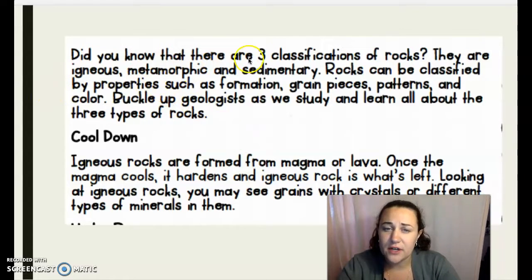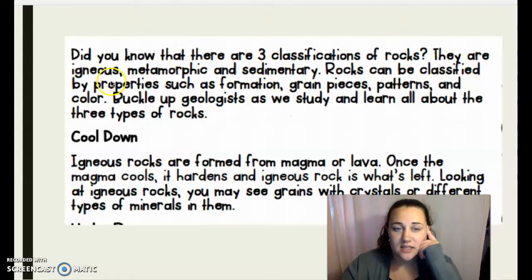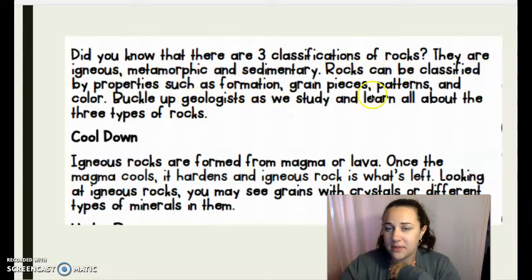Did you know that there are three classifications of rocks? There are three types of rocks: igneous, metamorphic, and sedimentary. Rocks can be classified by properties such as formation, grain pieces, patterns, and color.